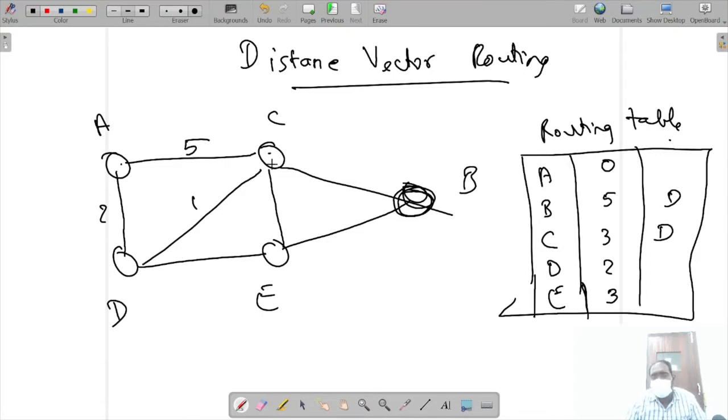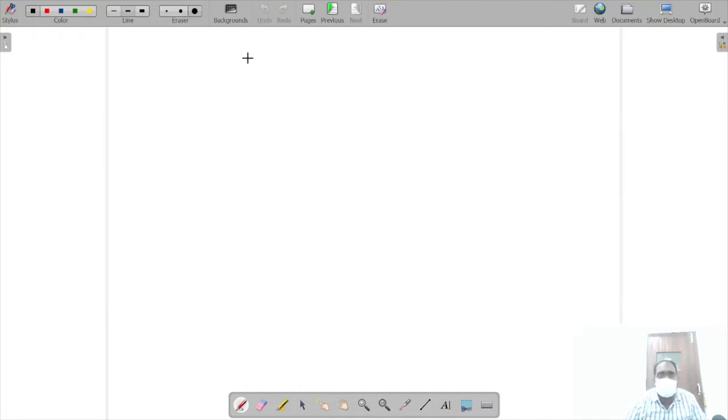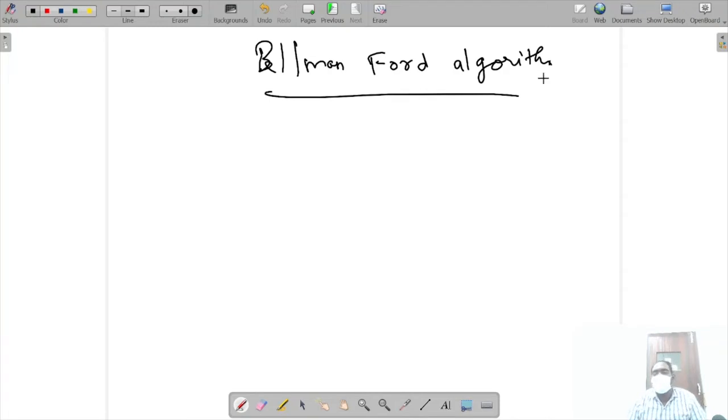The shortest path to each node is calculated by an algorithm called the Bellman Ford algorithm. What the Bellman Ford algorithm says is the minimum cost to a node is the minimum over the distance between myself and my neighbors, and the neighbors and the node.